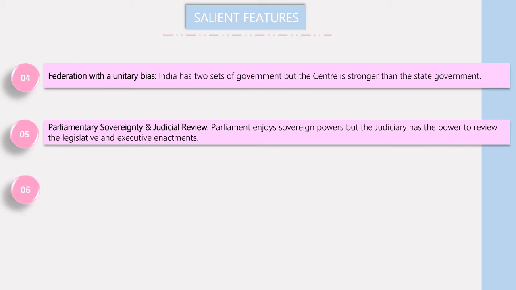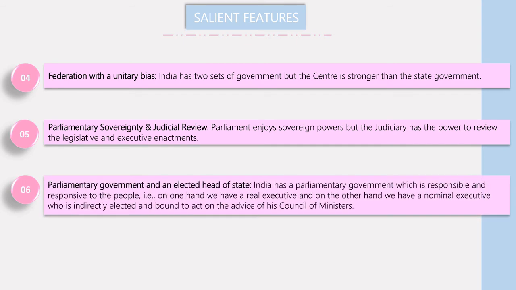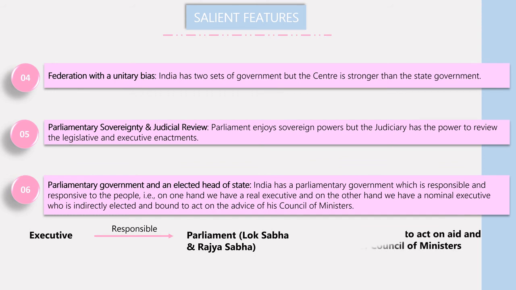Sixth, parliamentary government and an elected head of state. Our founding fathers adopted a parliamentary form of government, both at the center and in the states, along the British lines rather than the presidential system of the United States.